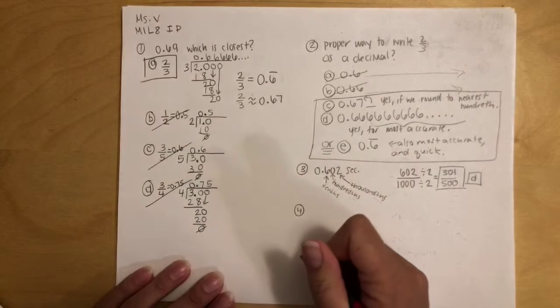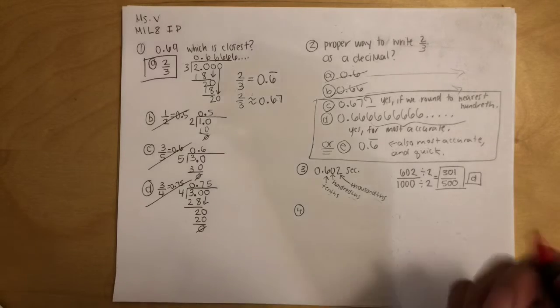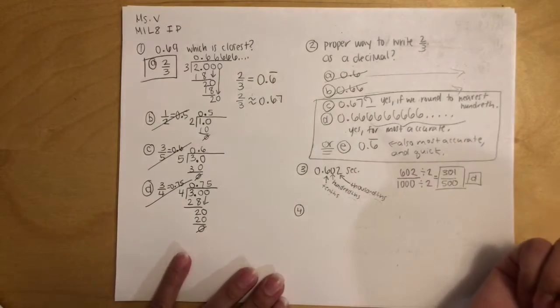Number 4. When calculating her percentage in her English class, Missy divided her points by the number of points possible, and her result was 0.703. Cassie said that this was not actually a percentage. What is the correct percentage form of this decimal? Okay, so she got a score on her test.